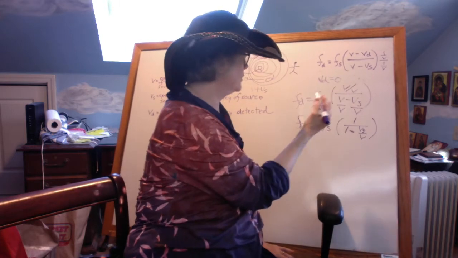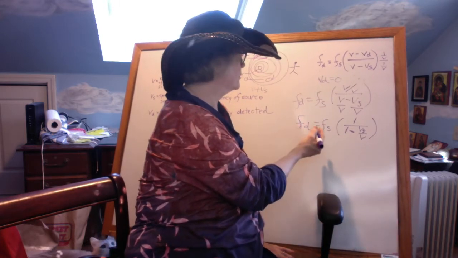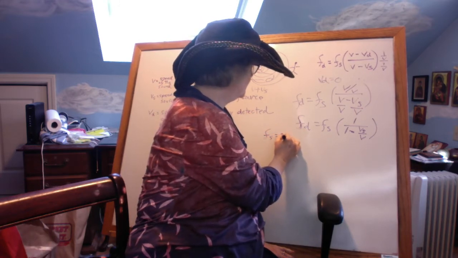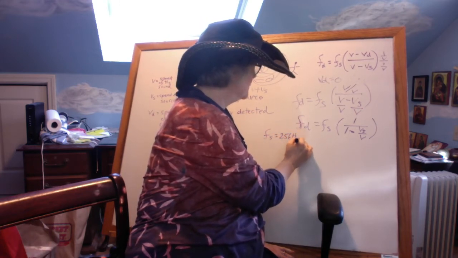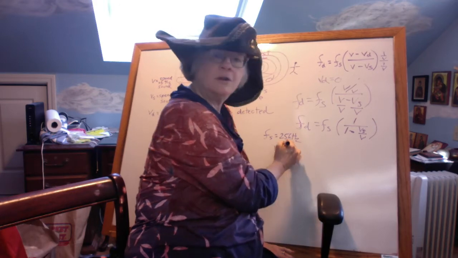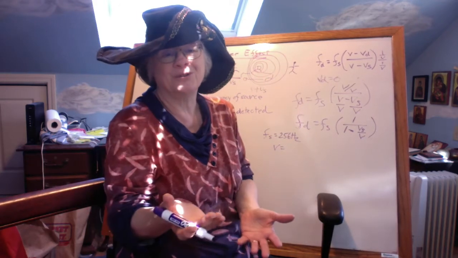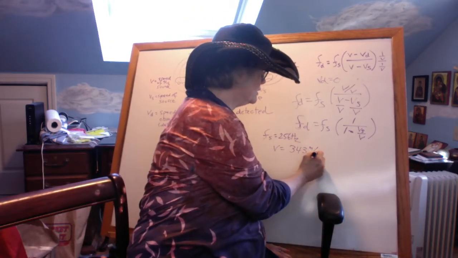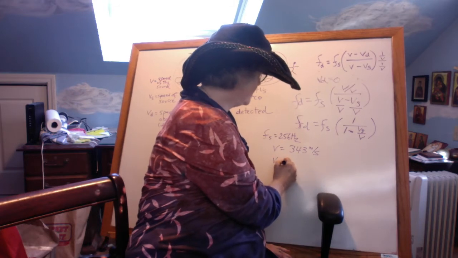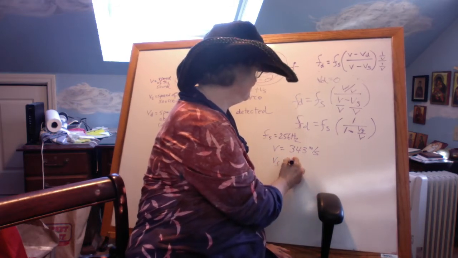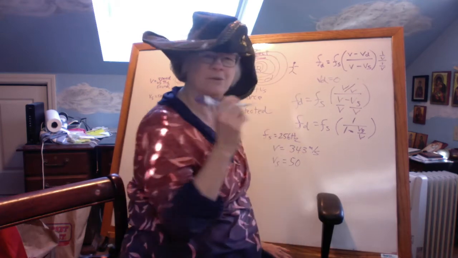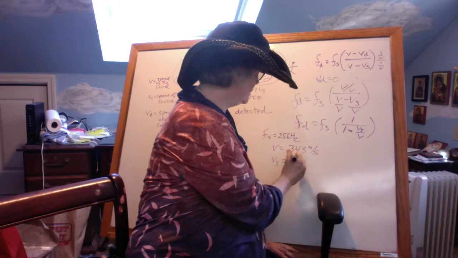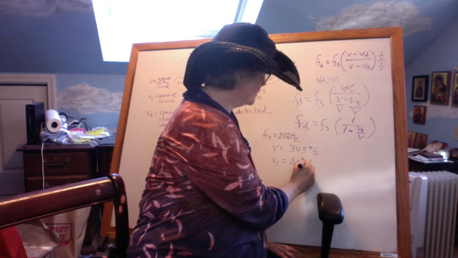So let's see how this goes. Let's say the frequency of the source is 256 hertz. The speed of sound at room temperature, ordinary circumstances, is 343 meters per second. And let's say the car is moving at 50 miles. No, we don't do miles. We'll do 20 meters per second.